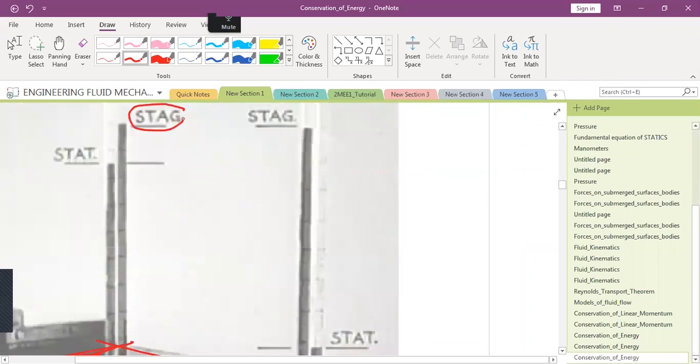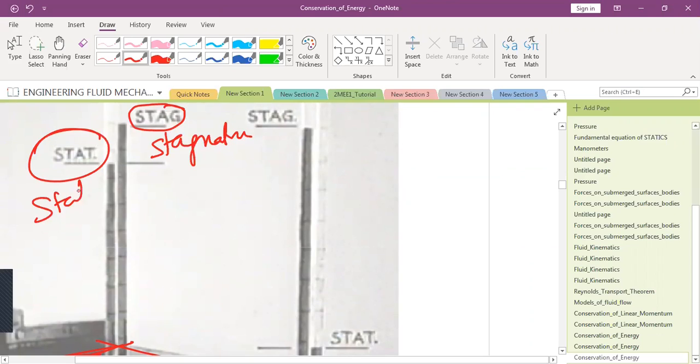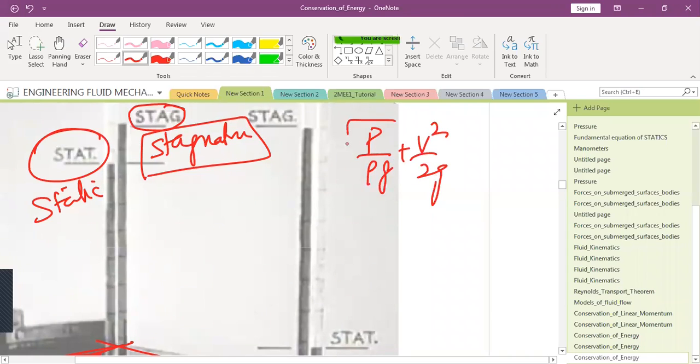So you are able to see there are two things. One is called stag, that is called stagnation pressure, and one is stat, that is called static pressure. So stagnation pressure is actually the sum of all the heads. So that is P upon rho g plus V square upon 2g. So that includes static as well as the dynamic head.